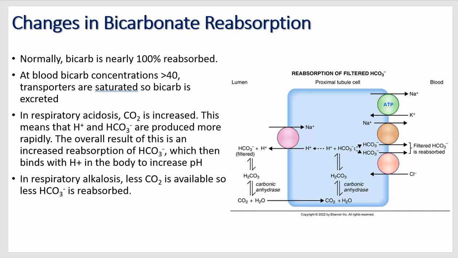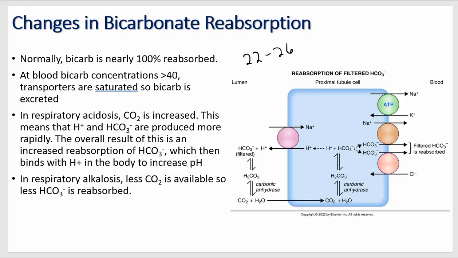Okay. So, changes in bicarbonate reabsorption. This is kind of the same thing, but I've added some more information here. Normally bicarb is nearly 100% reabsorbed. I think I mentioned this earlier: normal blood bicarb is 22 to 26.